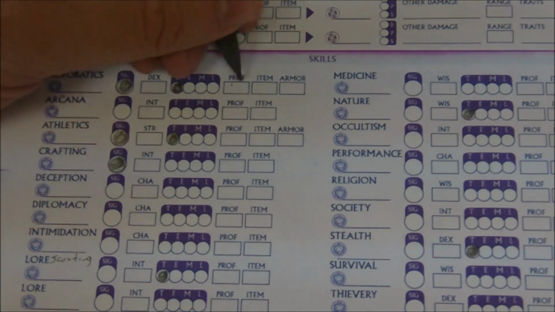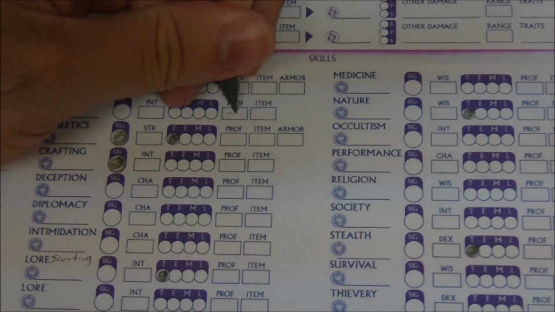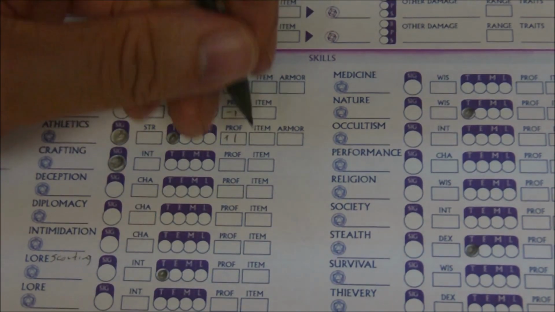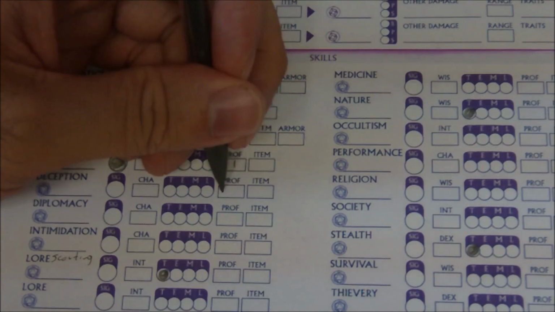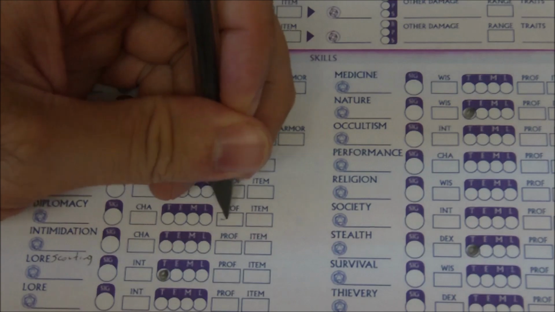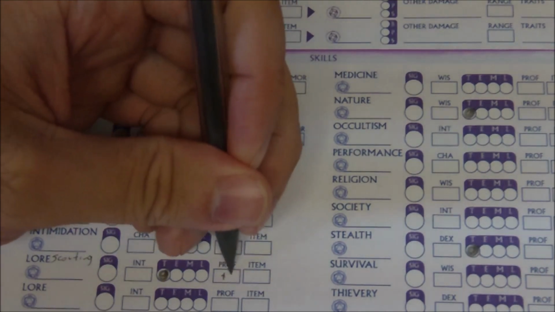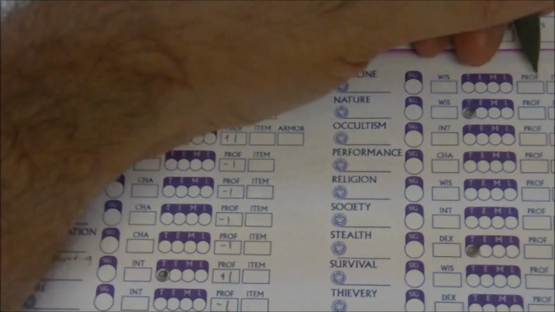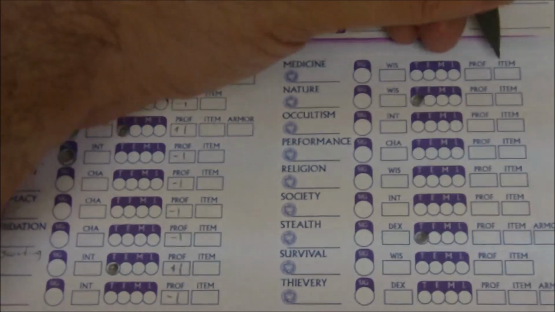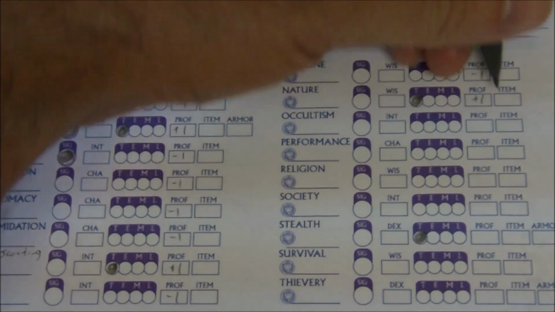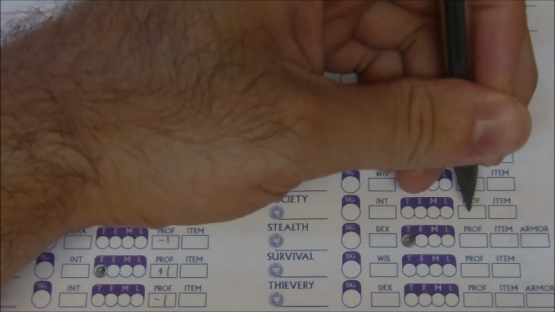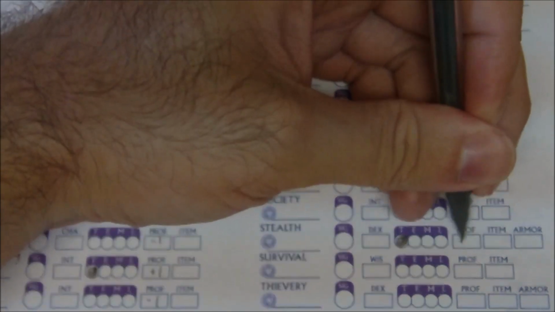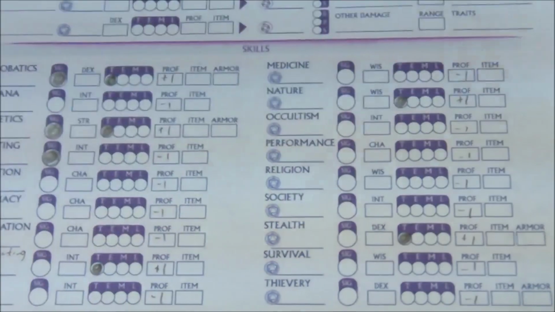So for example, proficiency for acrobatics will be +1, arcana will be -1, athletics will be +1, crafting will be -1 because I'm not proficient in it yet, deception -1, and so on down the list.